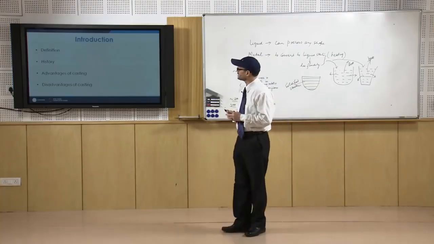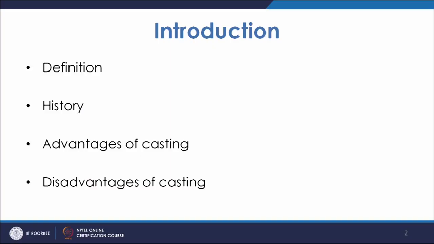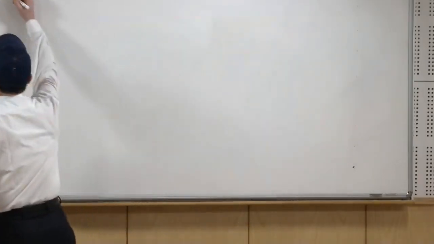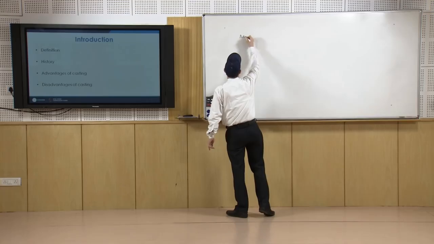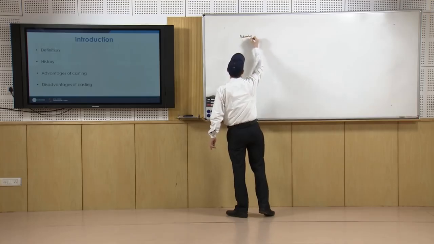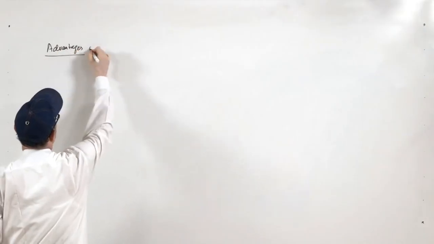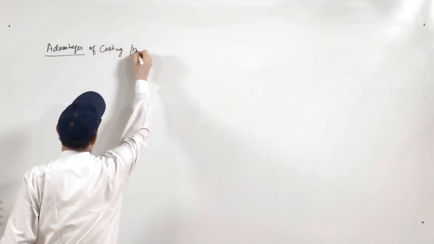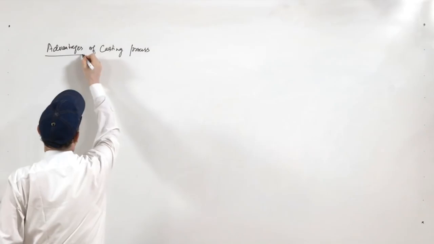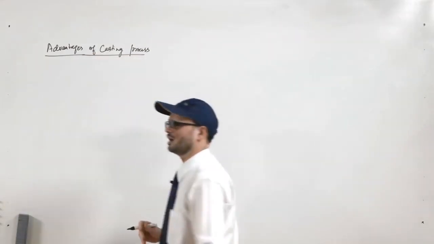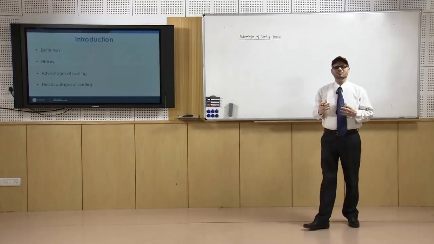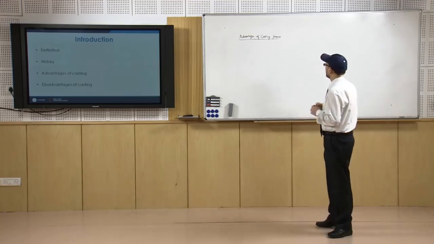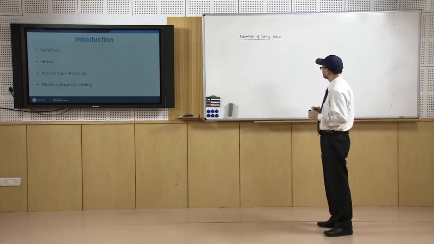Now, we will discuss the advantages and disadvantages of casting. So, first we will discuss the advantages of the casting process. There are a lot of advantages, and we will discuss them one by one.